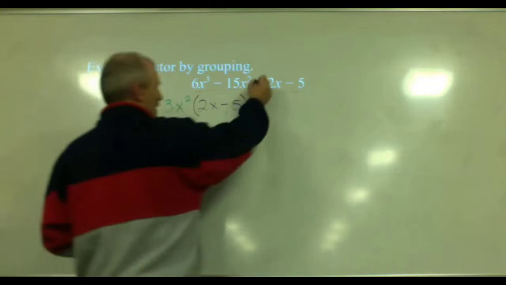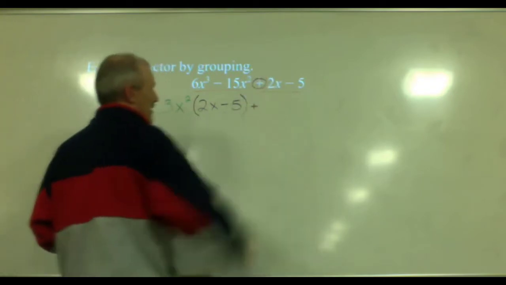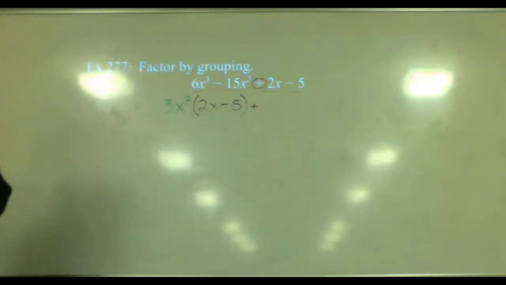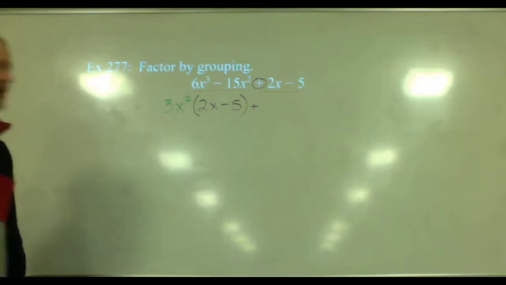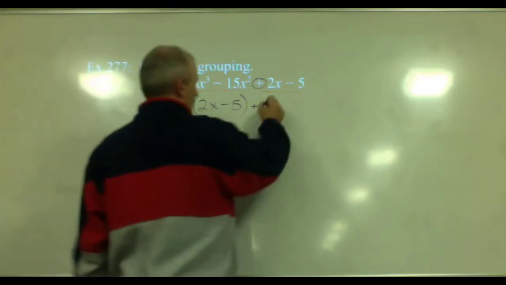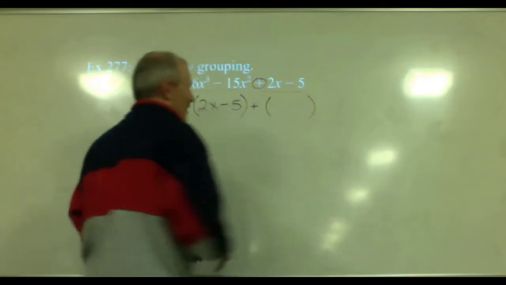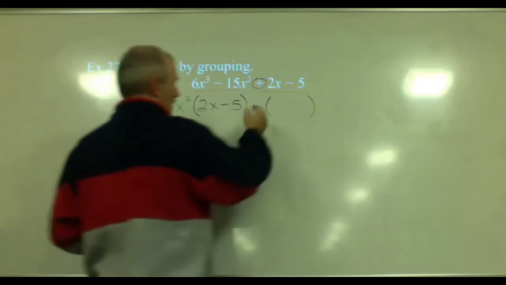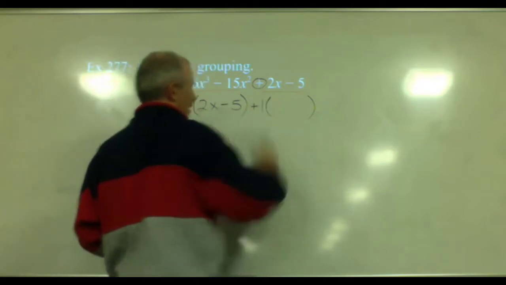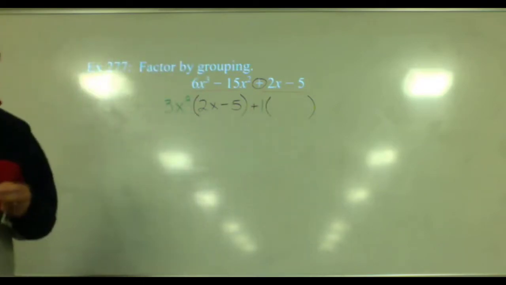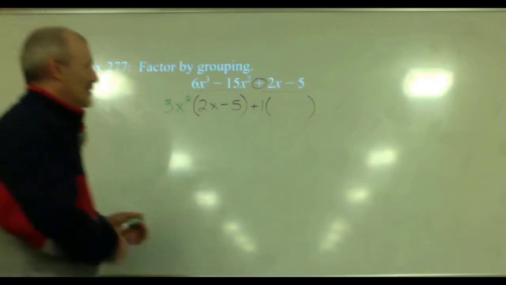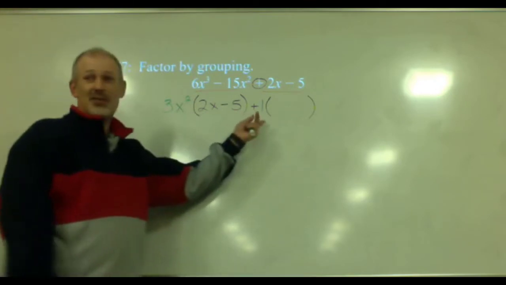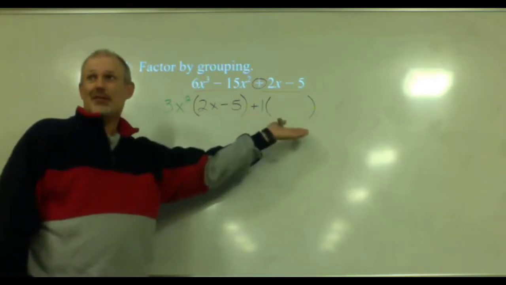Now notice, this time it is a plus sign, so we're just going to put a plus sign there. What else can we factor out of the second group? Nothing. So we're going to put our parentheses there, but what do we know is automatically in front of the parentheses? A 1. So even though we can't factor anything out, always factor out a 1.